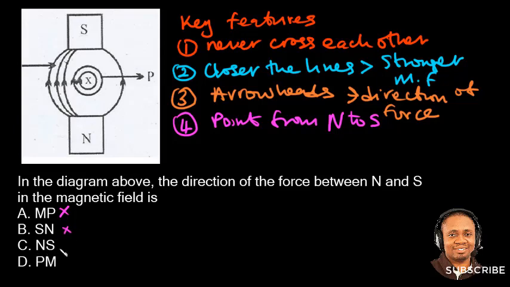Option C, north south. Exactly. The arrowheads point from the north pole of the magnet to its south pole, showing the direction of the force exerted by the north pole. So option C is correct.